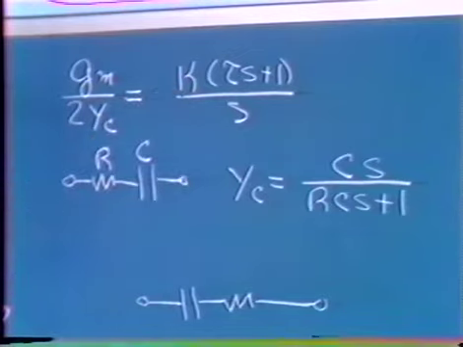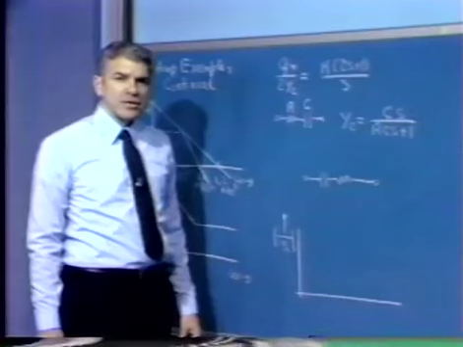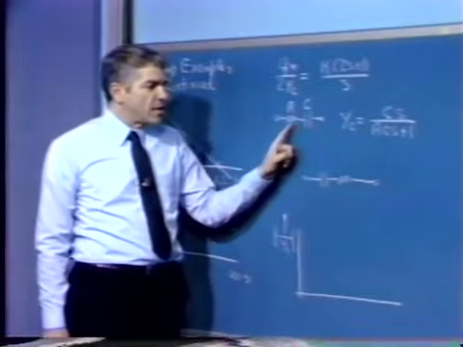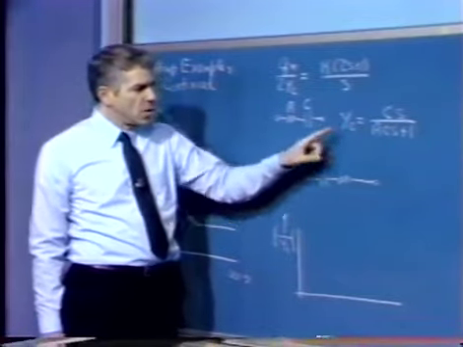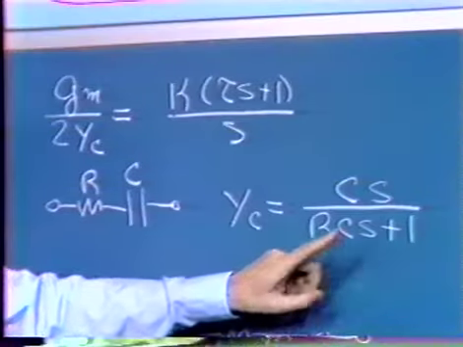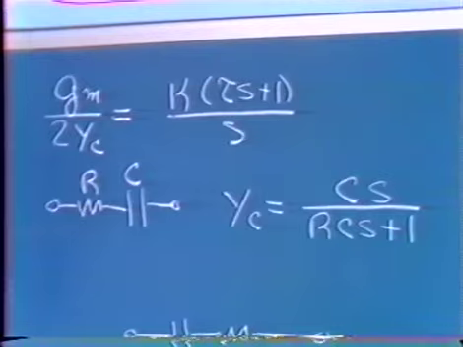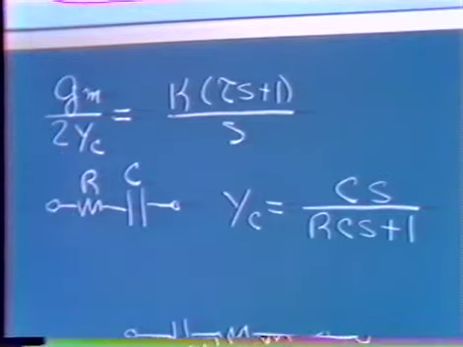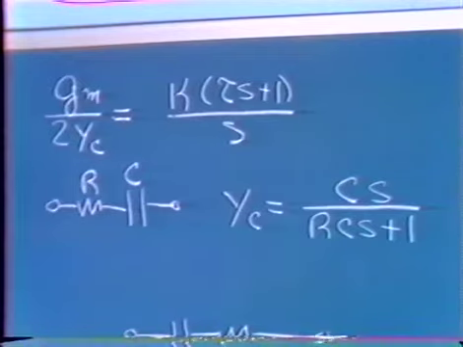We can do that without even resorting to a true two-port. We can do it as simply a series combination of a resistor and a capacitor. If we look at the simple RC connection and write its admittance, we find that the admittance of that network is simply Cs over RCs plus 1. Consequently, Gm over 2Yc has the general form that we'd like.